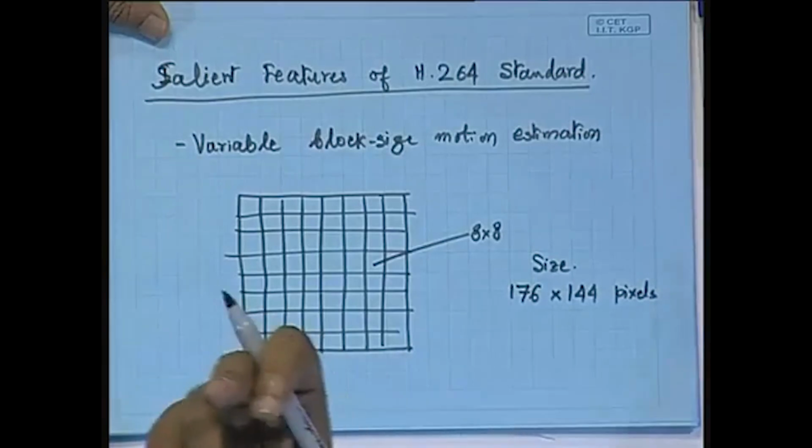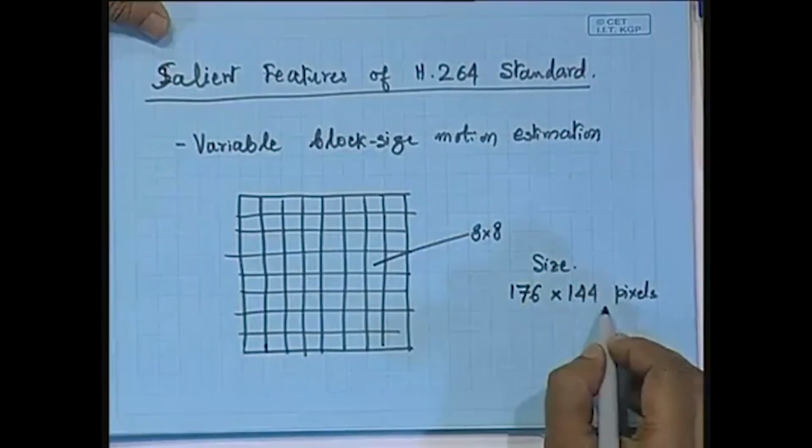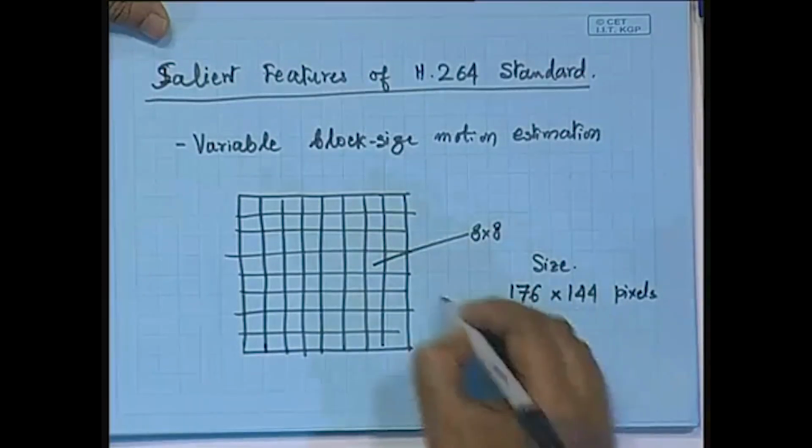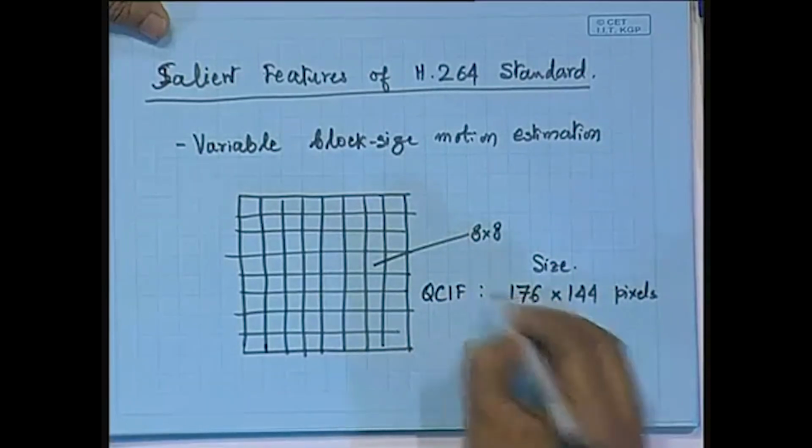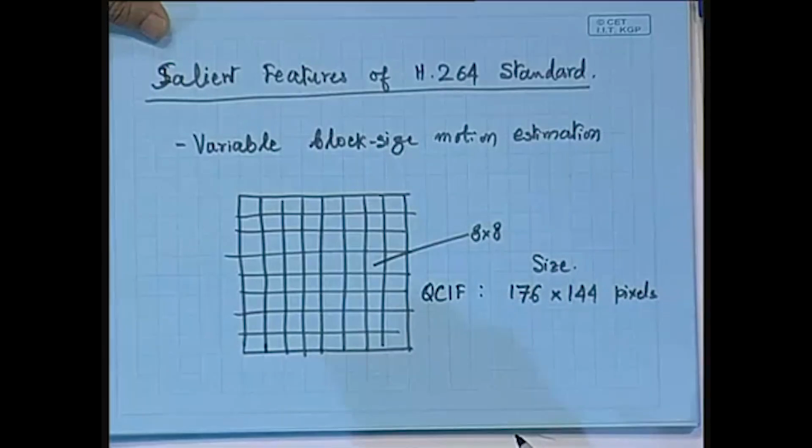What you are observing in your video phone screens is of this size, 176 by 144. That is the typical resolution. Now, 176 by 144 pixel size is referred to as quarter common intermediate format, or QCIF, the standard size that is adopted.